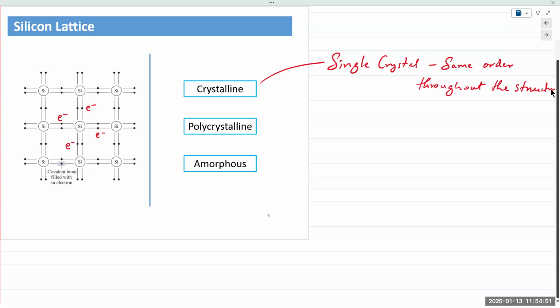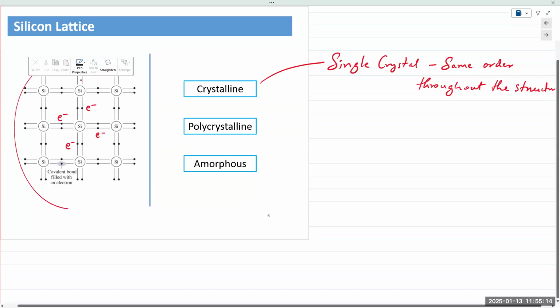So if it's an ordered arrangement and the same arrangement is repeated over the entire structure, then we call it a crystalline material. We also call it a single crystal material. The reason for that is, let's say you have a piece of material that has 9 atoms right here.